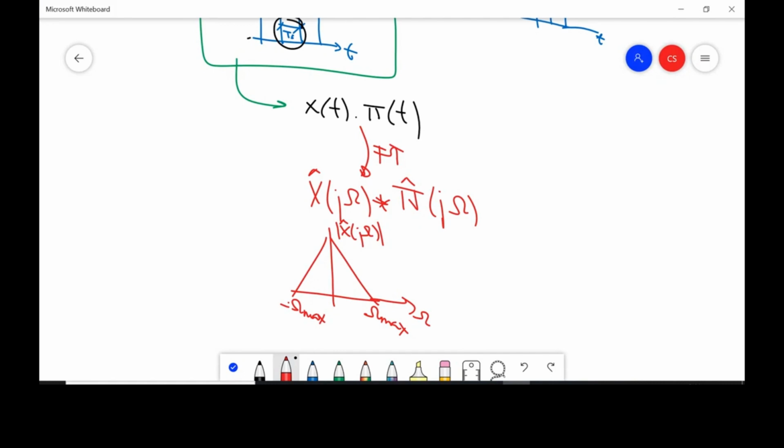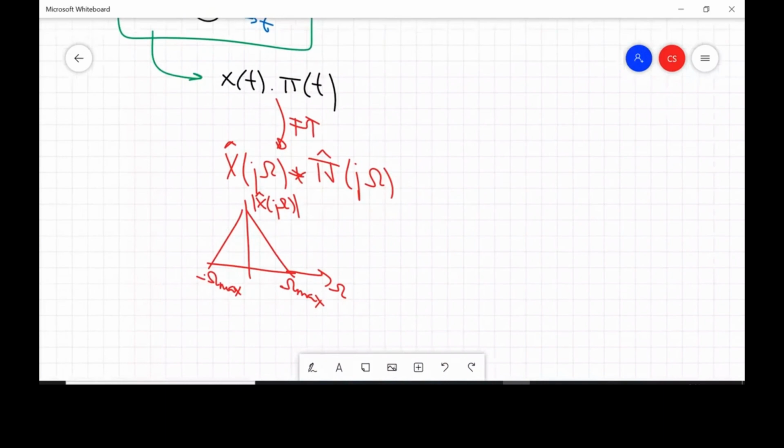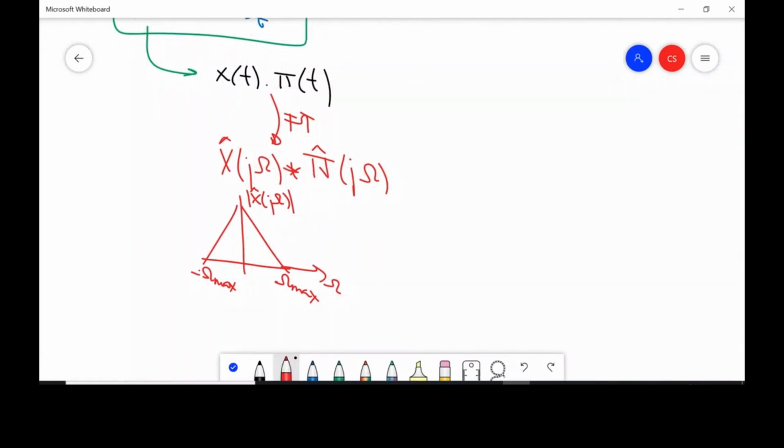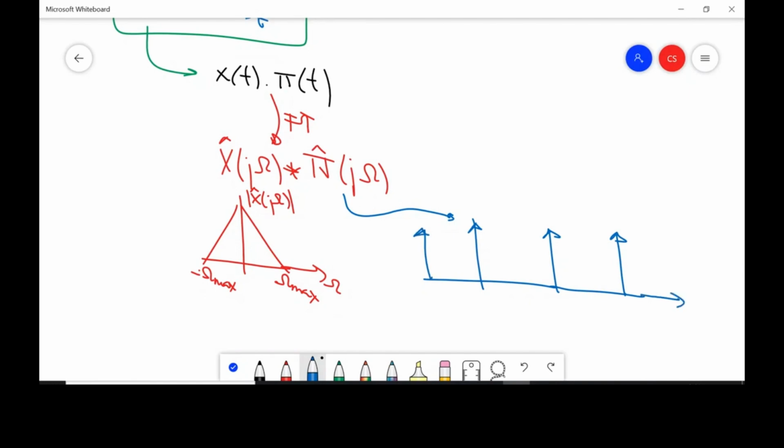The other one, the Fourier transform of the train of deltas, is something like this. This is omega, and this is the modulus of the transform.